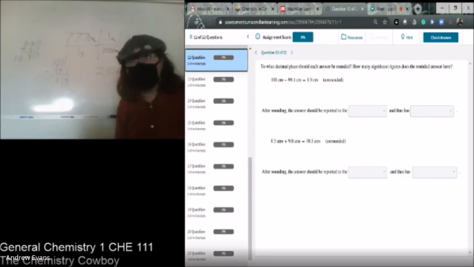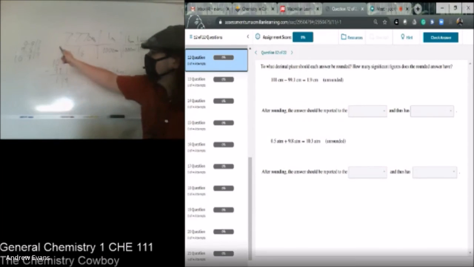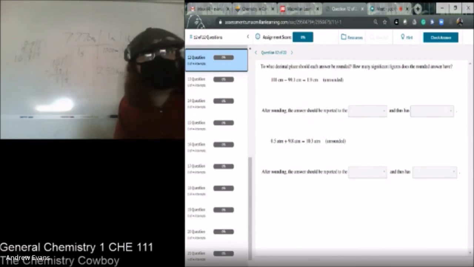So when you add and subtract, we keep the location of the sig figs furthest left. It's hard to say. It's like, which one has the least sig figs from the right? We keep the lesser of the 2.